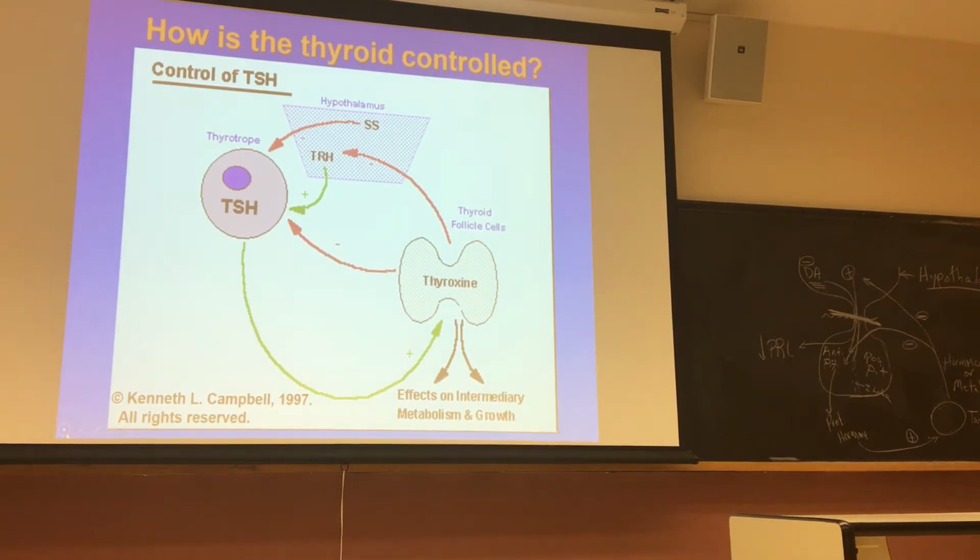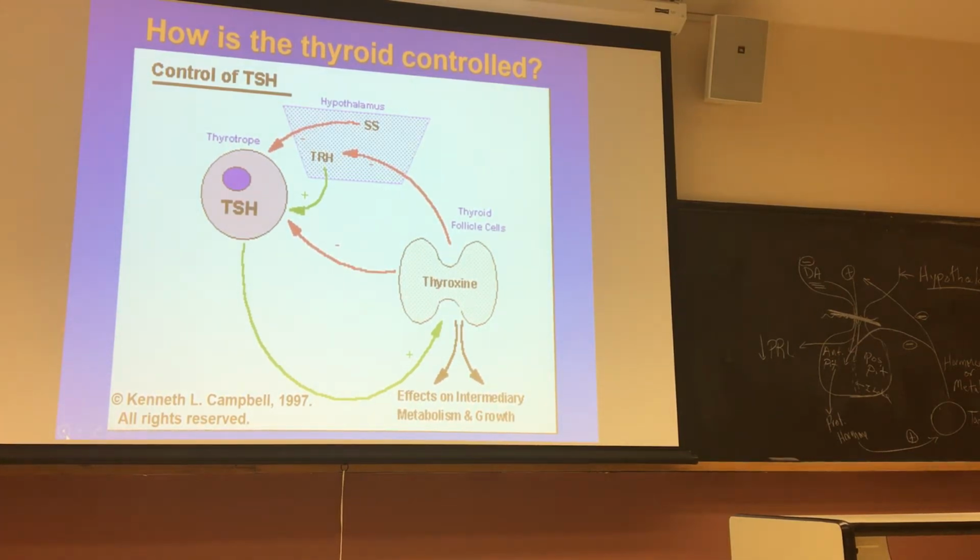Now, trophic hormones. A lot of these hormones are called tropic or trophic hormones. What does tropic refer to? Trophic or tropic refers to growth, cell growth. They stimulate cell growth.